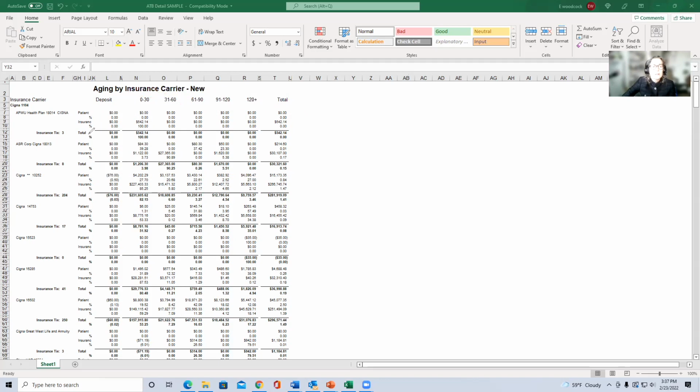Now, importantly, the percentages, we're going to have to figure out what this means. Underneath the percentages are the percent of these dollars to the total in that row. But there are also percentages here, and these are percentages to the total in the column.